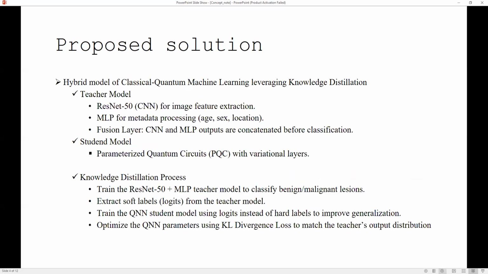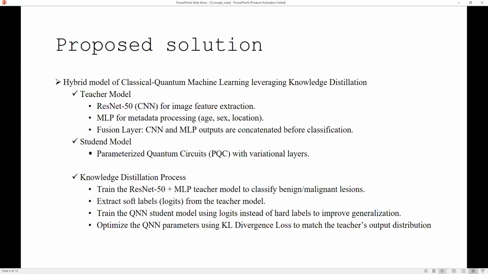So our proposed solution is a hybrid solution. It contains, as earlier said, a classical machine learning model and a quantum machine learning model, which are leveraging knowledge distillation. By knowledge distillation, we mean we have a teacher model which processes information.